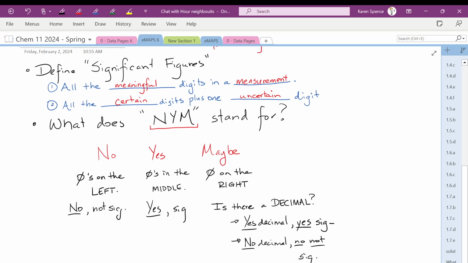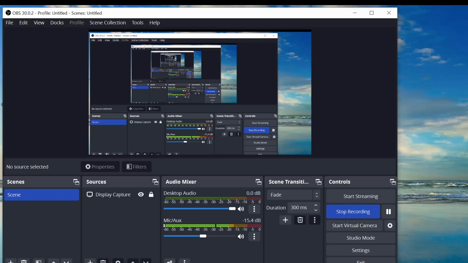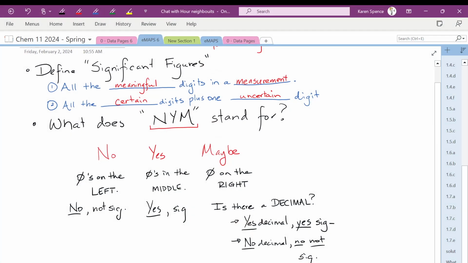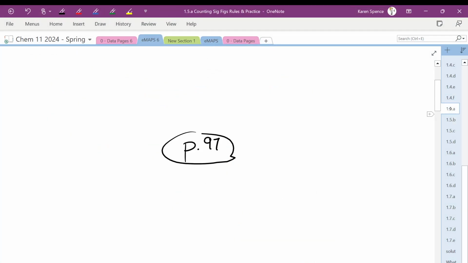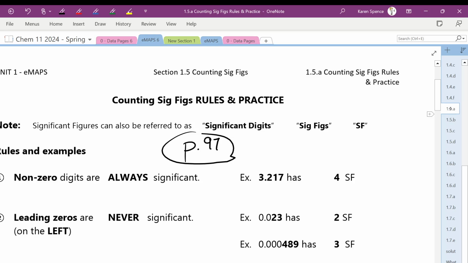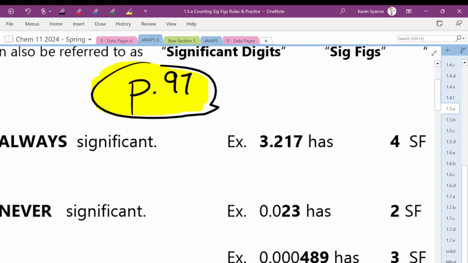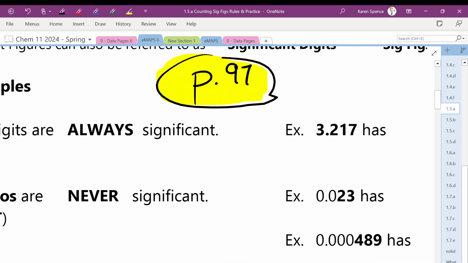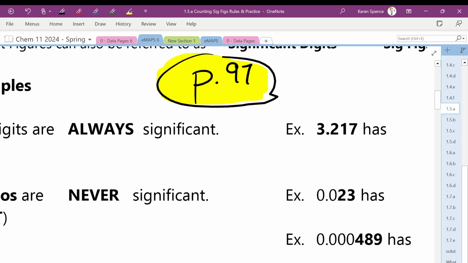No. All right, so we are going to go now to page 97. And if you want to, you can cover up the right-hand column where it tells you the number of significant figures.